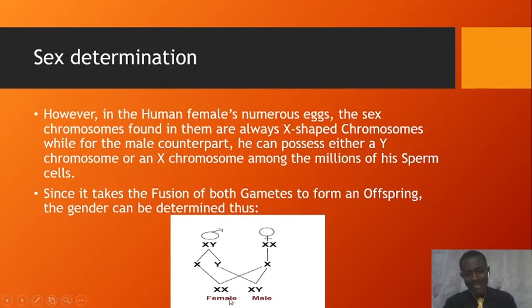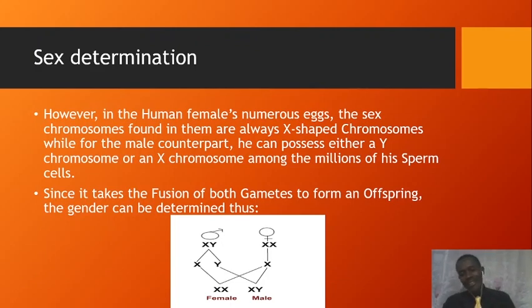Then going to the other offspring, when the Y sex chromosome gamete from the man fuses with an X sex chromosome gamete from the woman, you're going to get an XY zygote, which will now form the male. As you can see on your screen, this is the male child. The male child has XY sex chromosomes, while the female has XX.